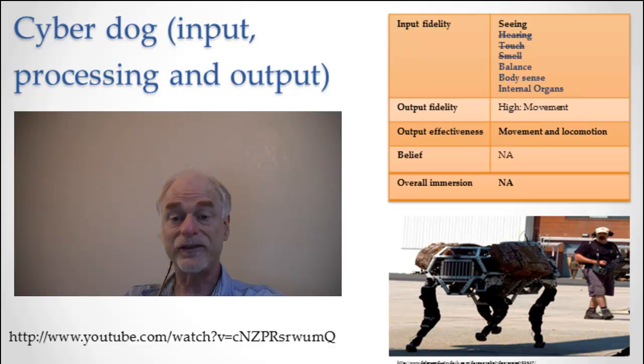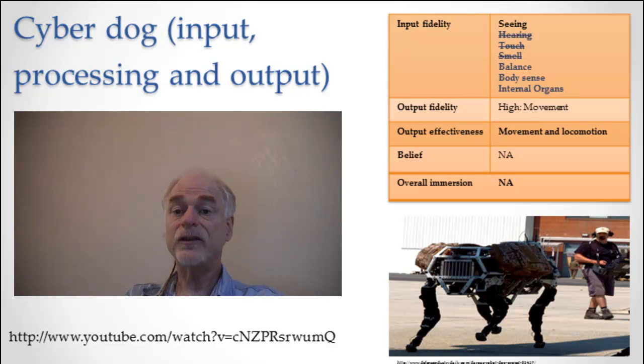It's got a balance system. It can sense where it is. You saw it skating across ice, right? It can balance itself. It has a really high degree of body sense. It knows where all its limbs are at every moment. And it even has that internal organ system. Remember I talked about you can understand your heart rate and all that kind of stuff? Well, it's always monitoring the internal state of all its pumps and gears. So it's got that internal stuff going as well.